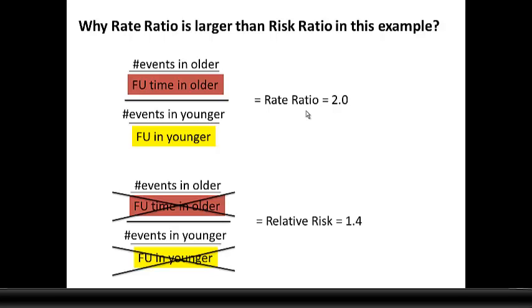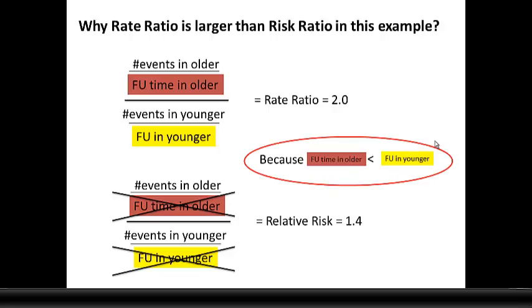Okay. The relative risk computation does not involve a time component, therefore it can't consider the effect of differential follow-up time. So what happens is, when computing relative risk, you consider follow-up time to be relatively the same, therefore you ignore the differential follow-up time.